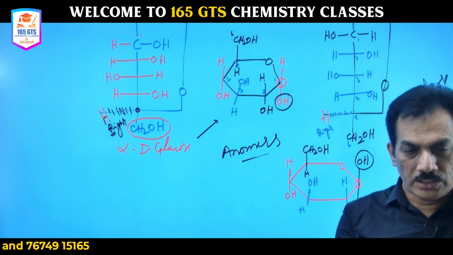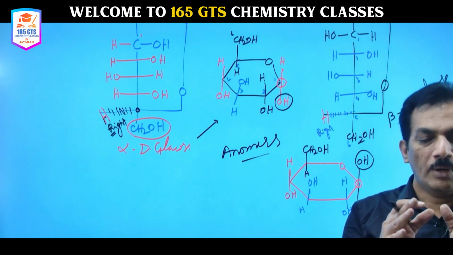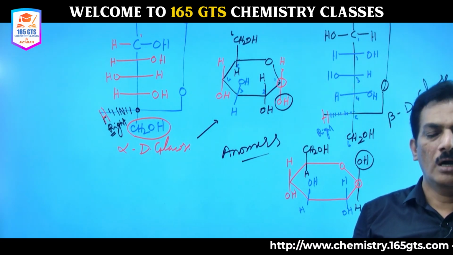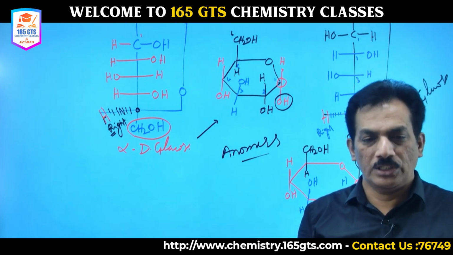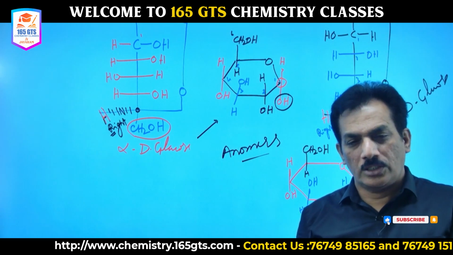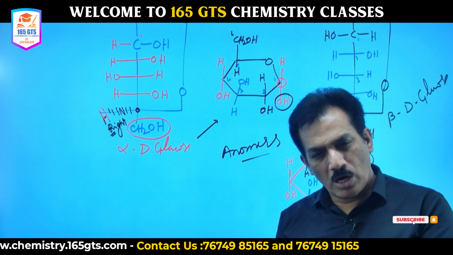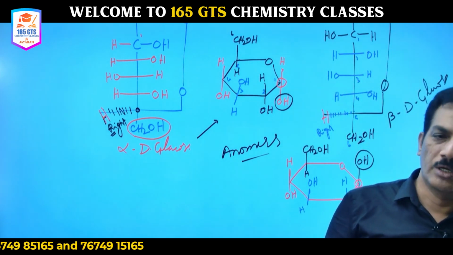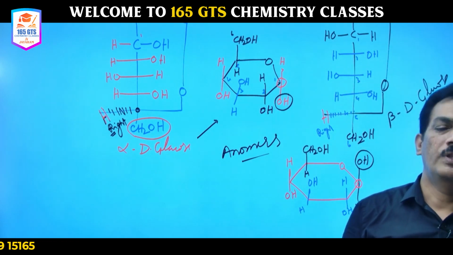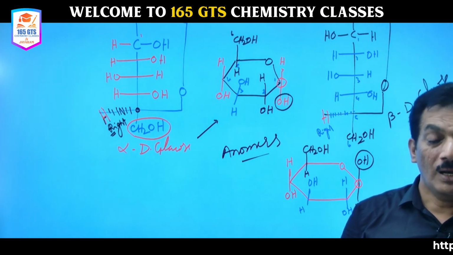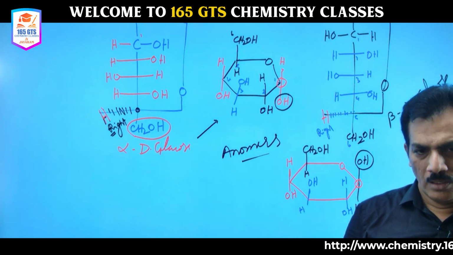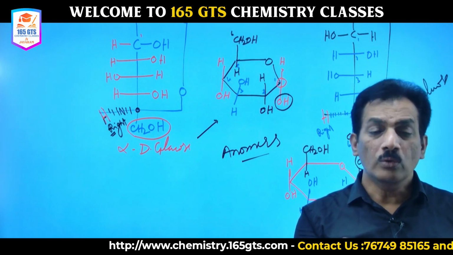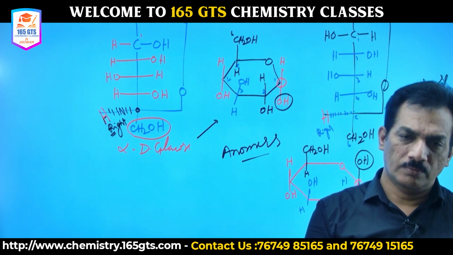At particular proportions of alpha and beta forms an equilibrium is established with the open chain, and in either direction, whether starting from alpha or from beta, the same composition is reached, with a rotation of plus 52.5. And then we calculated the alpha and beta glucose percentages also.